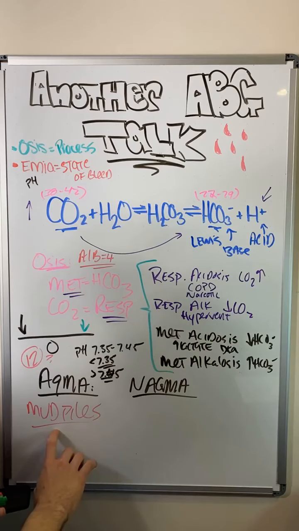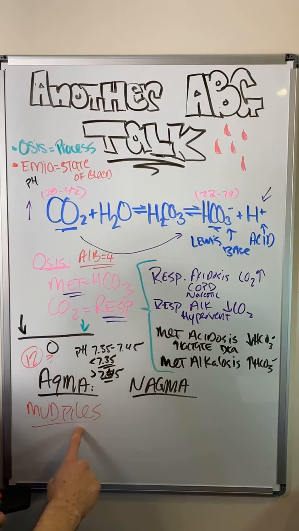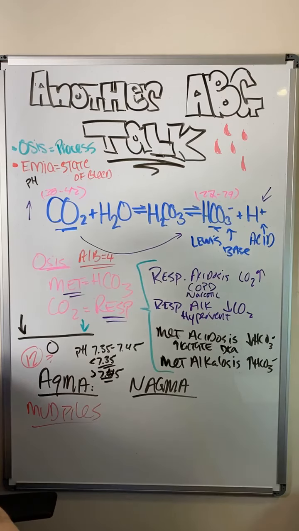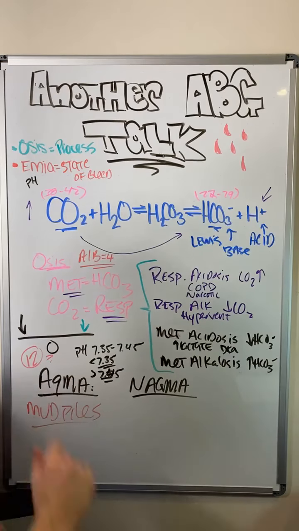D is for DKA, or diabetic ketoacidosis, when you produce ketones, polyethylene glycol, isoniazid, L is lactate, E is ethanol toxicity, and S is salicylates. Any one of these can cause your anion gap metabolic acidosis.